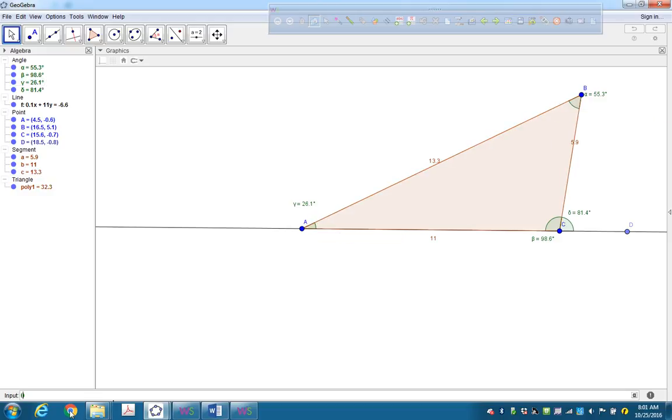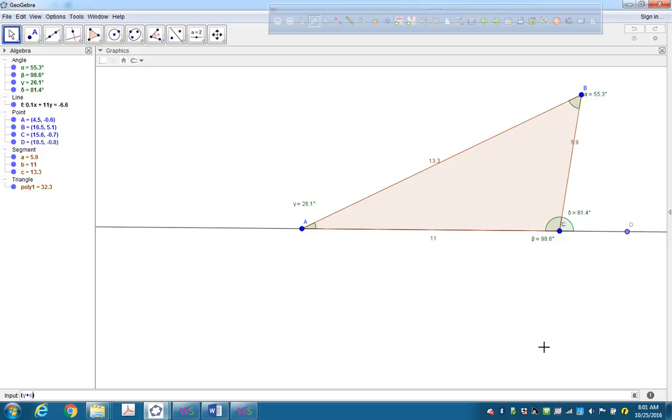So I'm going to do that. Remember the way you could do that: you could go alpha, and then select angle. In this case, this is my gamma angle, so I click on it, then plus, and then I add to that this angle, which in my case is alpha.